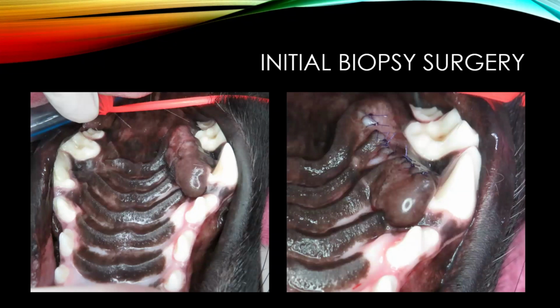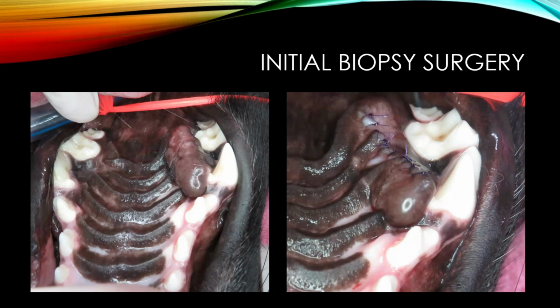So on the left is prior to surgery. You can see the incisional biopsy was taken from the middle of the lesion in the picture on the right there. I think it would be very easy at a glance to say that, in the old parlance, this is an epulis, this is a POF, this is some sort of benign fibrous hyperplasia or something like that, and not be too worried about it, or just debulk it.